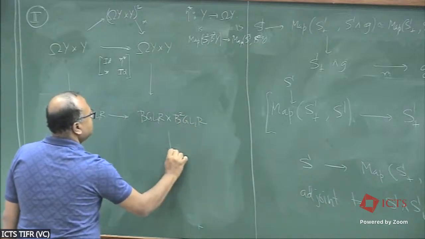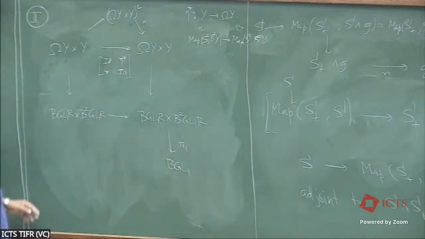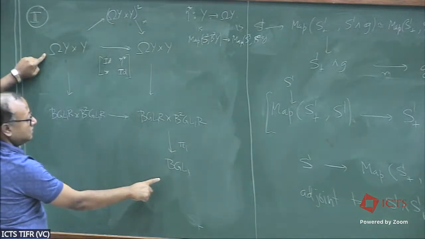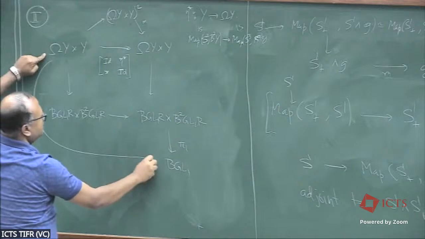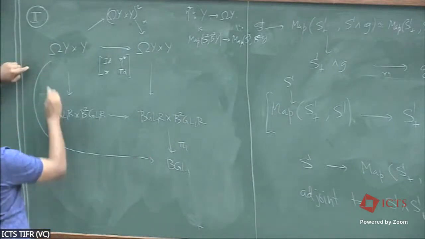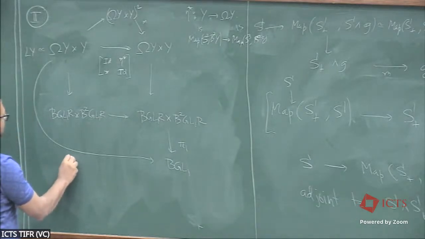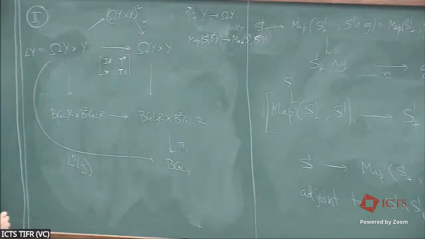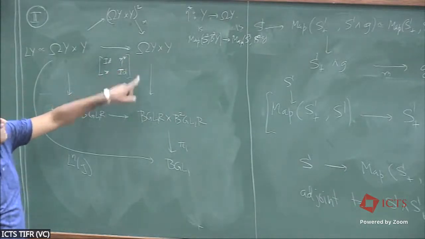And now if I take the projection onto the first factor, and you calculate this composite, you see that this composite here, so this is first of all the free loop space of Y, is the same as taking L eta of G. That is because we have put this eta upper star in this thing.